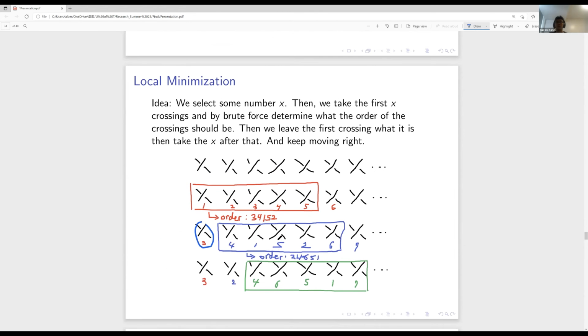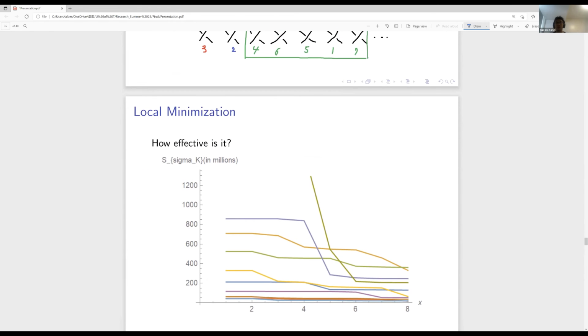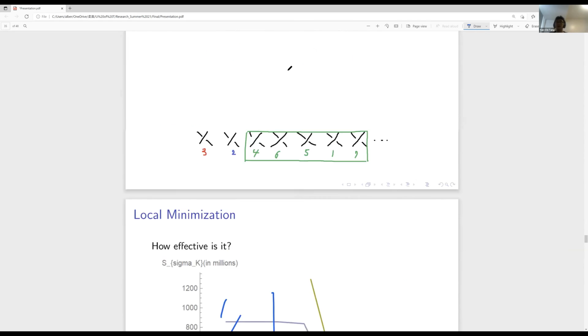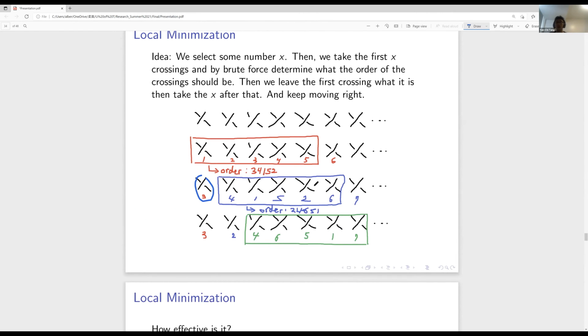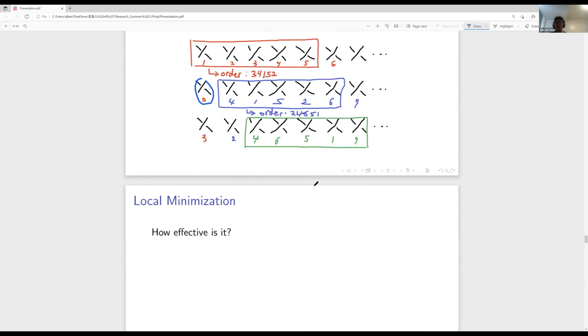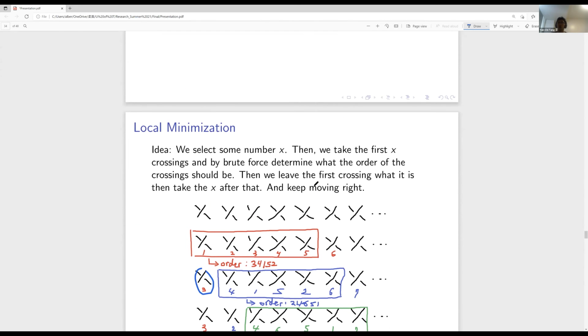So we will denote the size of the chunks to be X, and what we notice is that, ignore this part of the diagram, but I generated 10 different greedy generated permutations, and then I conduct this local optimization technique of trying to optimize it one chunk at a time.